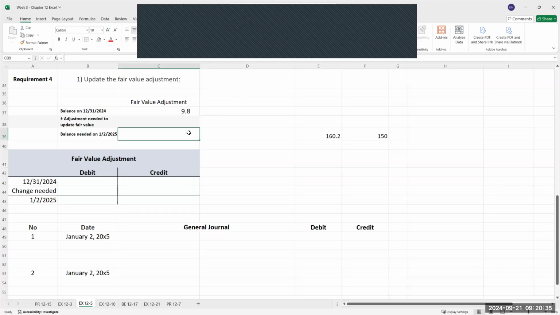Again, this is negative. We have something that's worth 160.2, but we're selling it for 150. So this gives us a negative. Or let's actually do the reverse. We're selling it for 150 and it's worth 160.2. So therefore, it's a negative 10.2.